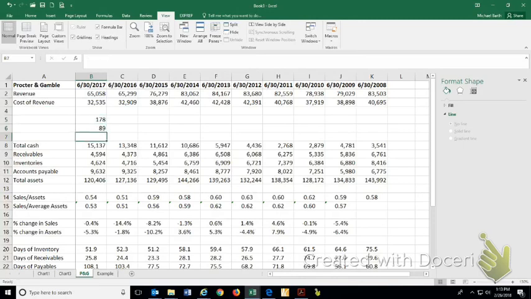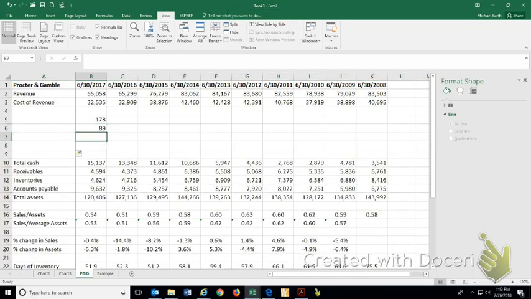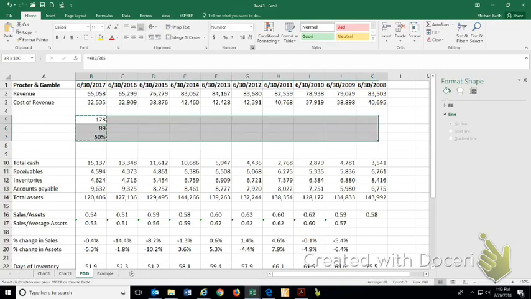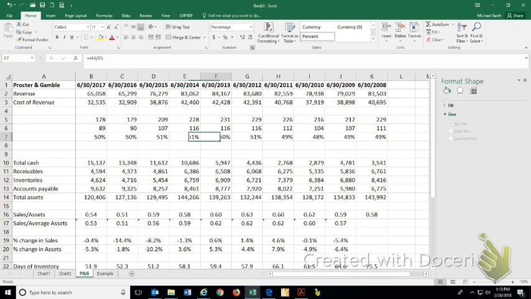So the relationship between the cost of revenue and the revenue itself has been fairly stable over this period at about 50%. There's some minor variations, but generally speaking, about 50% of their operating expenses are cost of goods sold.